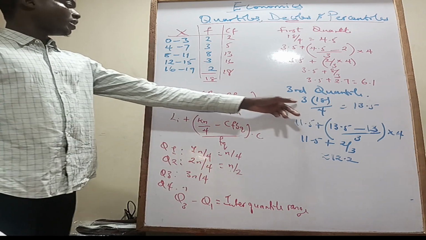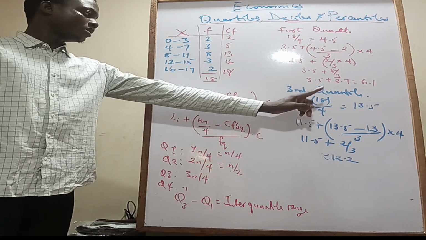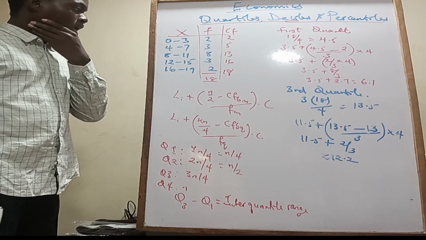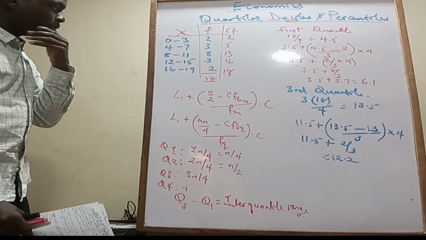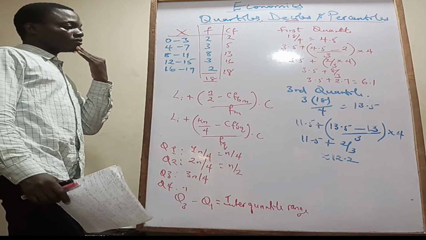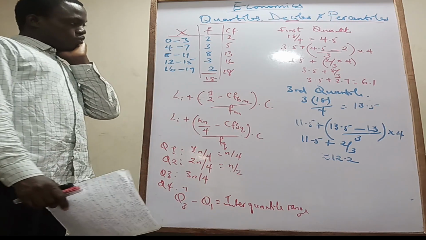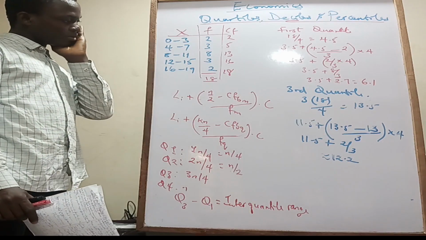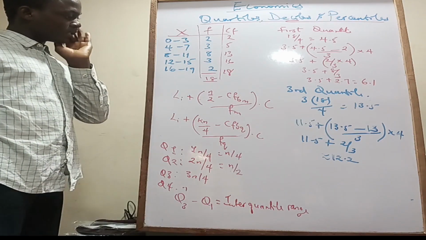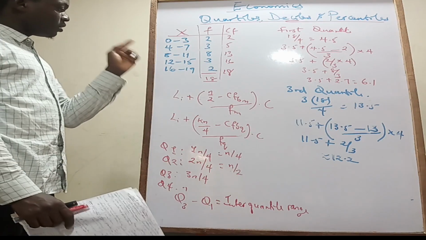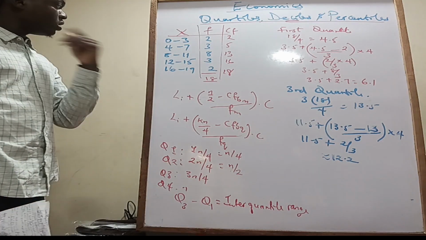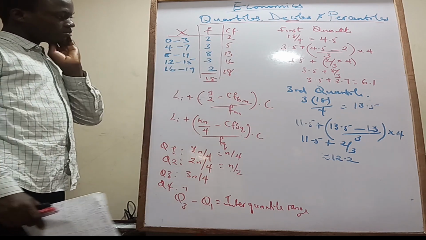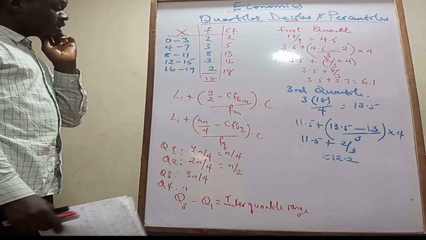So 3n over 4: 18 divided by 4 is 4.5, 4 times 3 is 12, half times 3 is 1.5, 13.5. So 11.5 plus 13.5 minus the cumulative frequency before, 13. Then 0.5 times 4, 2. And that should be it.